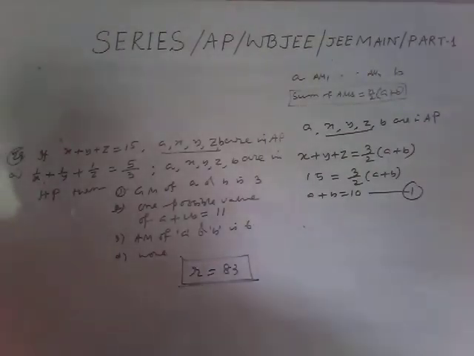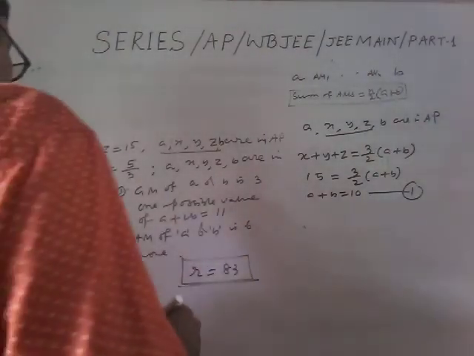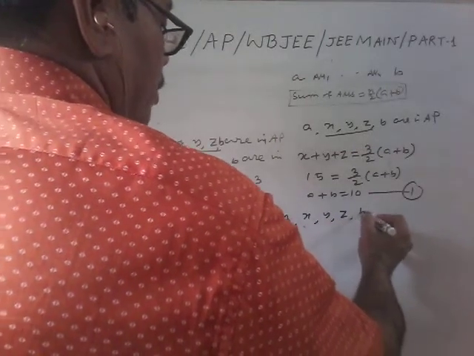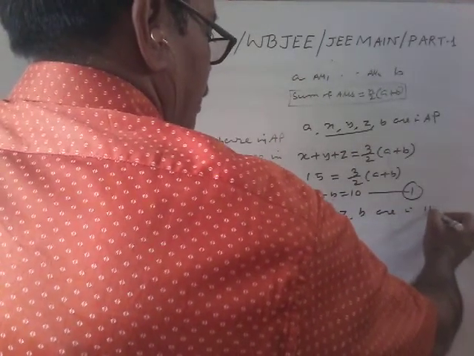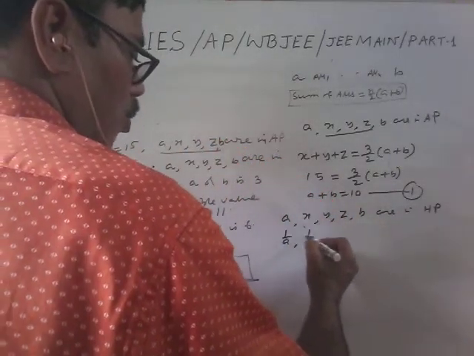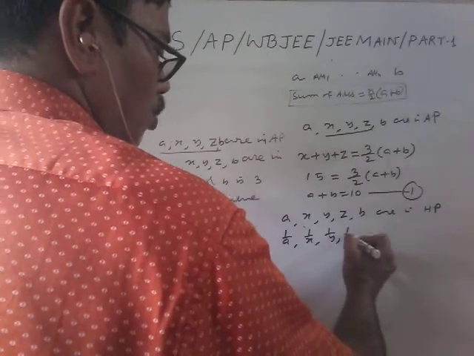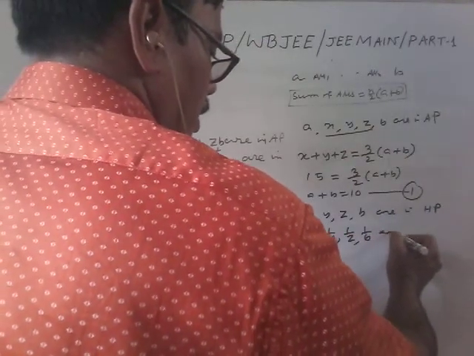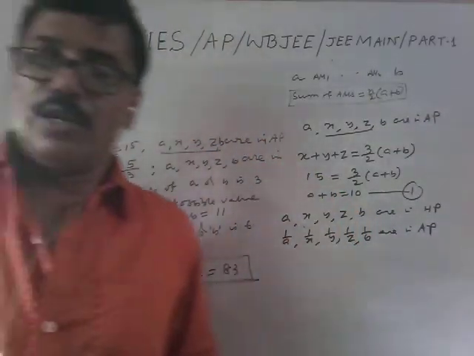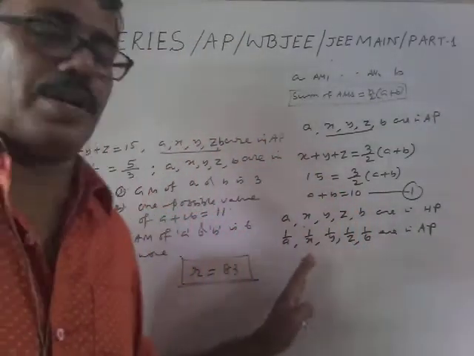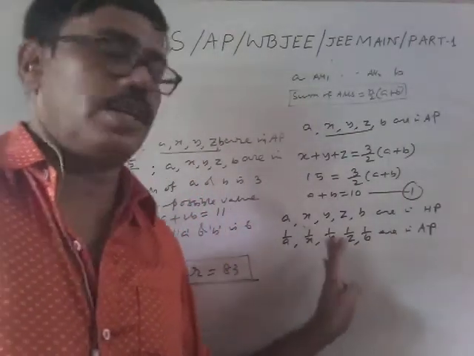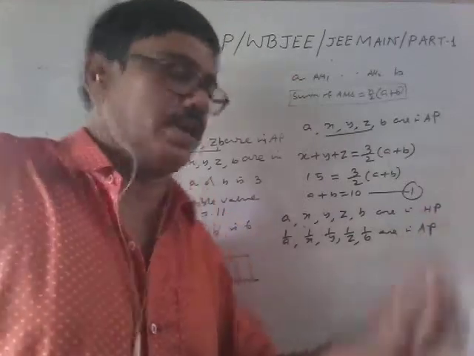Now the second condition: a, x, y, z, b are in HP. So 1/a, 1/x, 1/y, 1/z, 1/b are in AP. For any problem involving HP, we convert it in terms of AP, the reciprocal of AP.